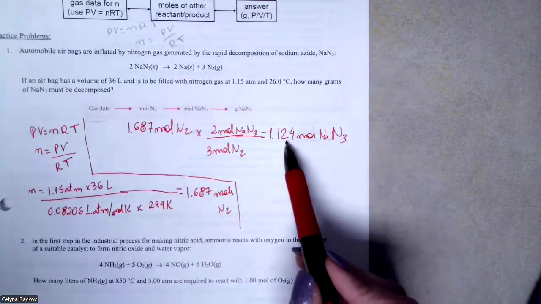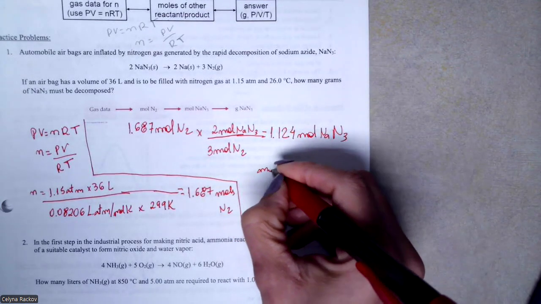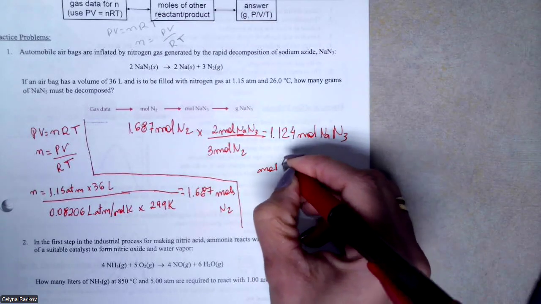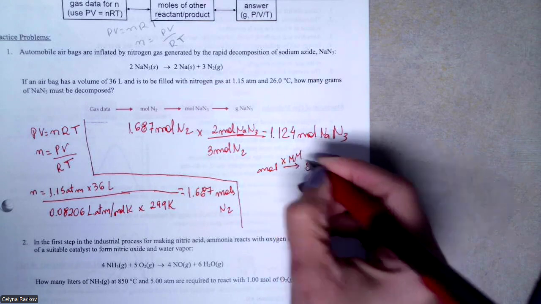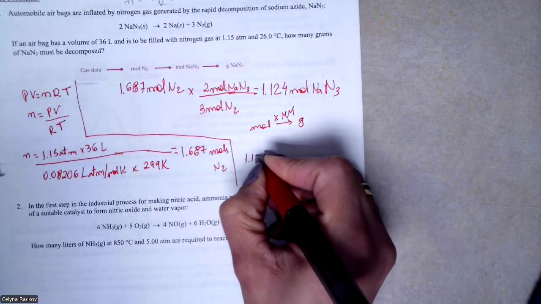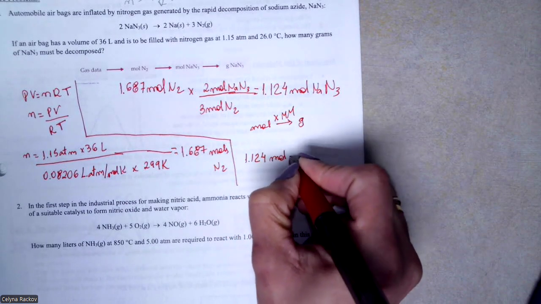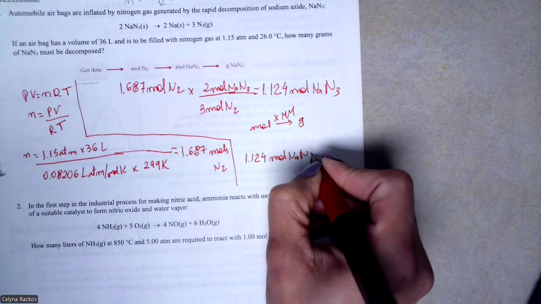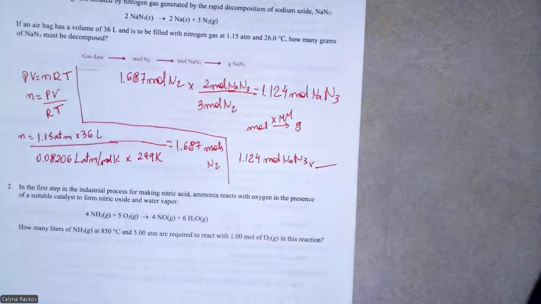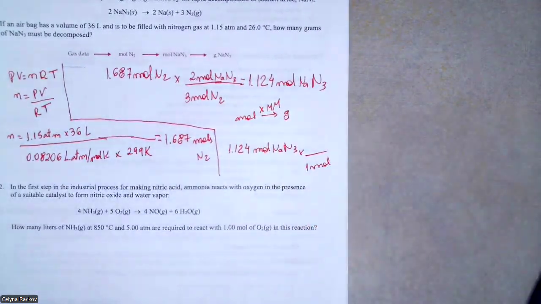Okay, so now how do we go from moles to grams? From moles to grams, we're going to multiply by the molar mass. So it's 1.124 moles of NaN3, and you know that it's 1 mole of NaN3.